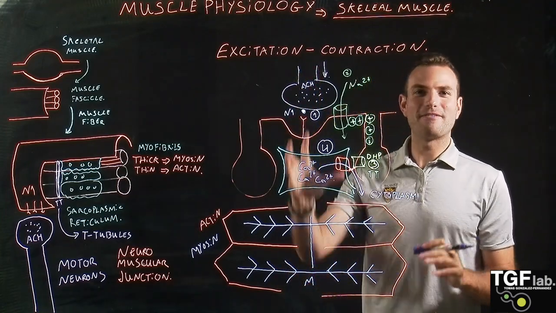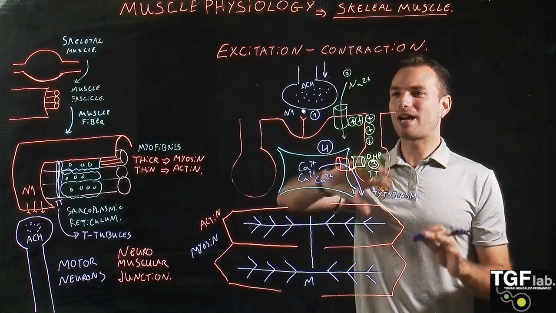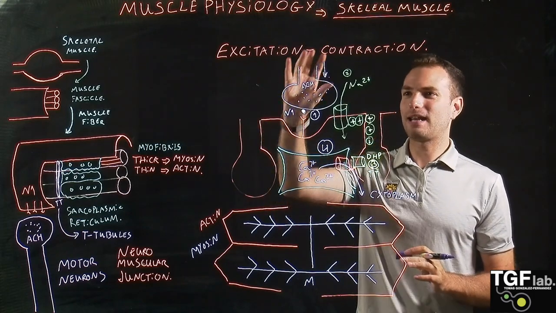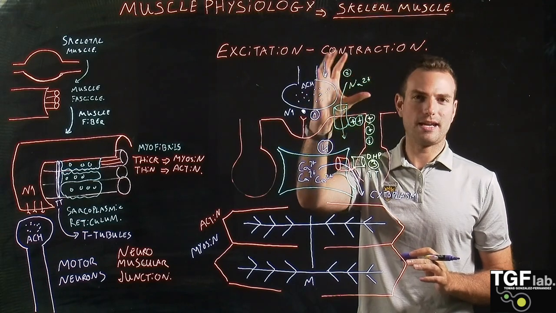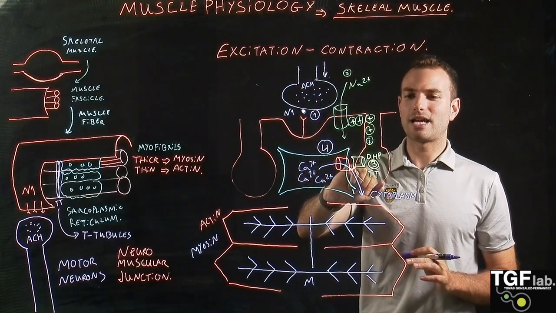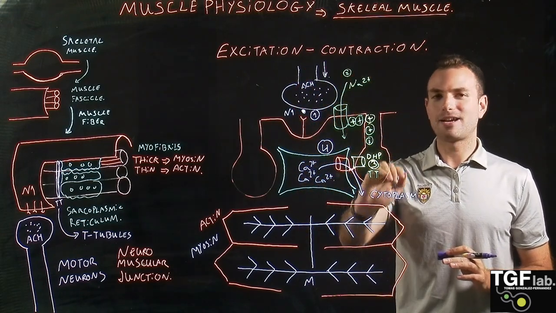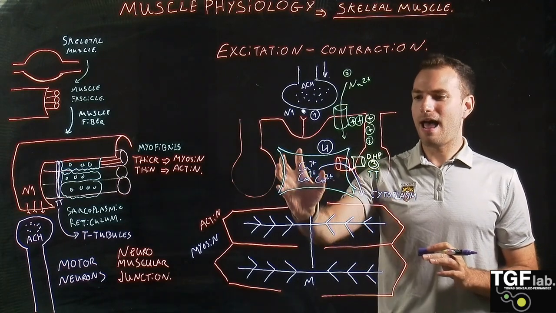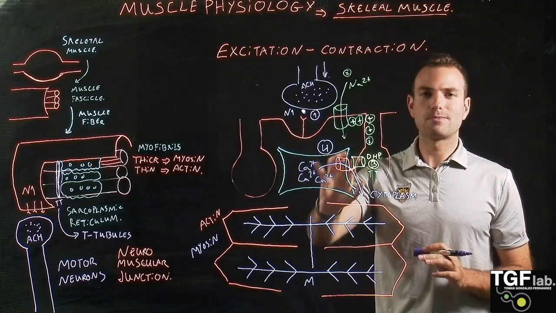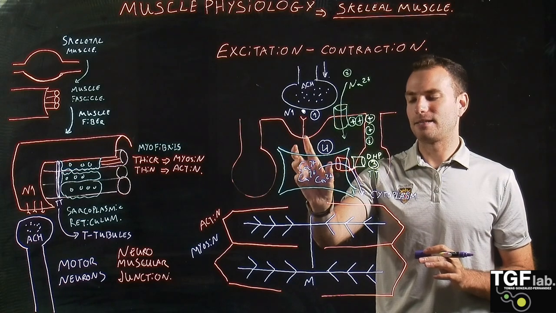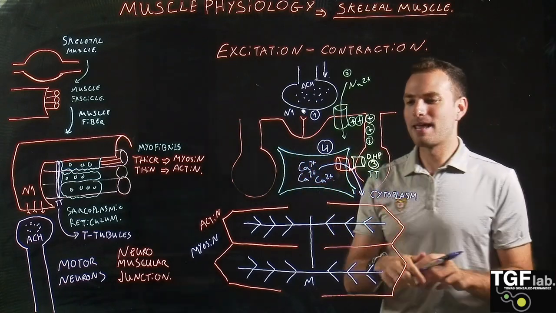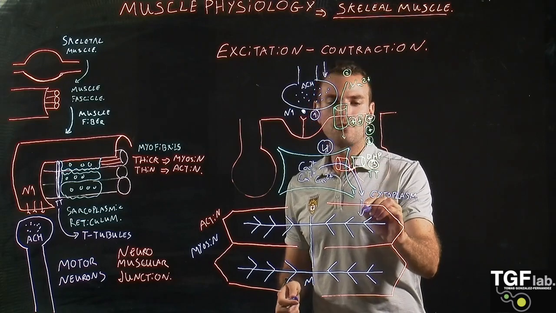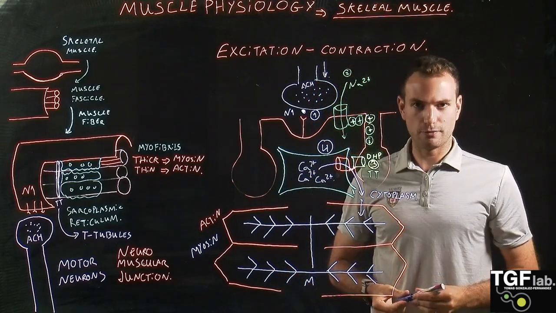Okay, so we have seen this excitation contraction coupling, again very quickly: acetylcholine release, then opening of the sodium channel, then depolarization of the membrane, then activation of the DHP channel. We also open this calcium channel in the sarcoplasmic reticulum. The calcium is released into the cytoplasm, and then the calcium is going to initiate the cross-bridge cycle.